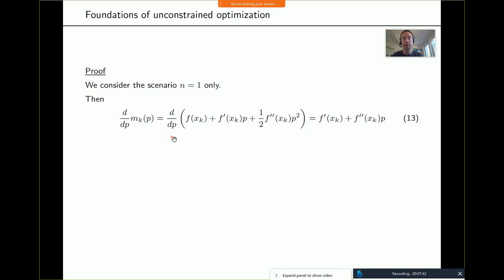For this function, we now minimize the second order Taylor approximation. So we have the function f from real numbers to real numbers, and the model of this function, m_k as a function of p, is the second order Taylor approximation, which I here write as you would write it for a univariate real-valued function.